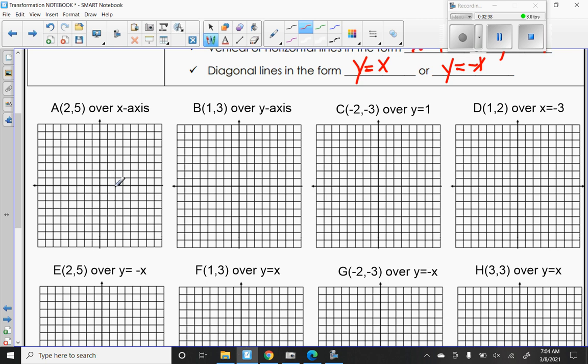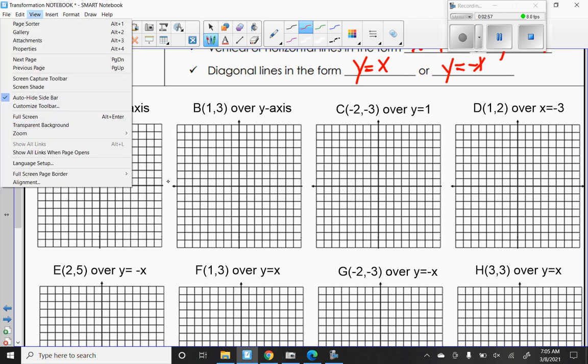Remember, the first number is over, left or right. The second number is up and down. So right 2, up 5. 1, 2, 3, 4, 5. There is our pre-image. I'm going to zoom in here so I can do a little better.